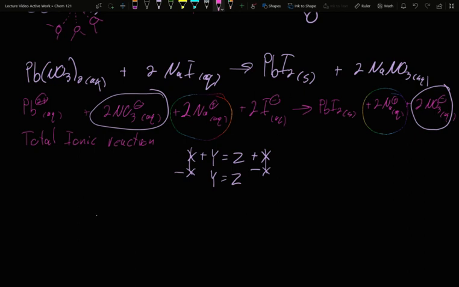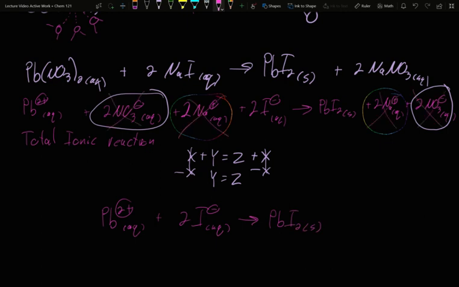The only things that don't cancel, well, my Pb2+ aqueous is not lead iodide solid. They are different. And so I have Pb2+ aqueous plus 2 I- aqueous goes to PbI2 solid.